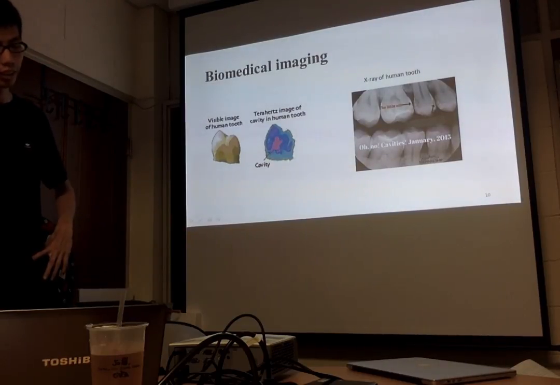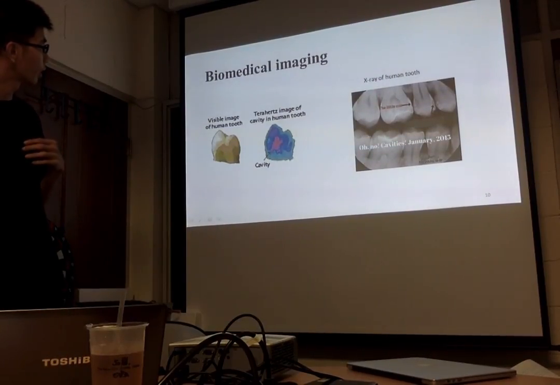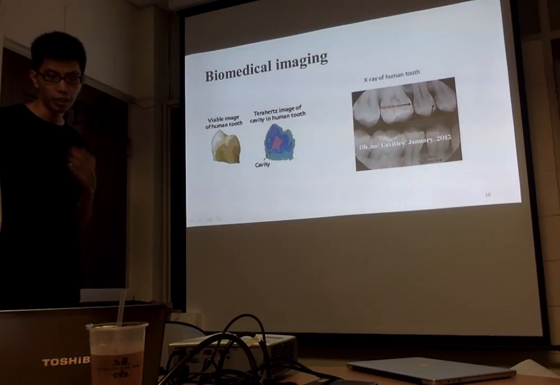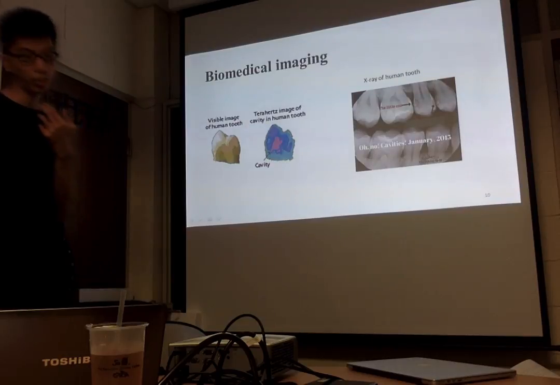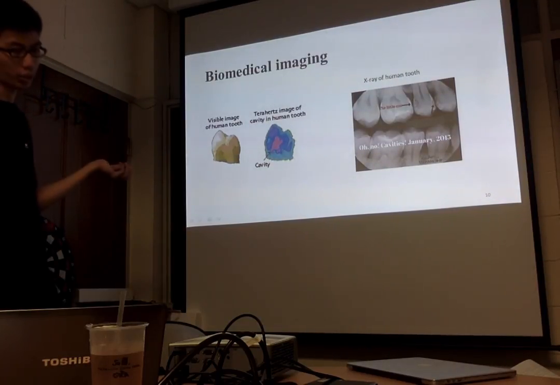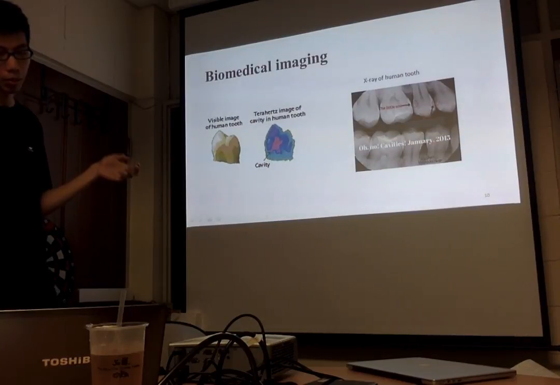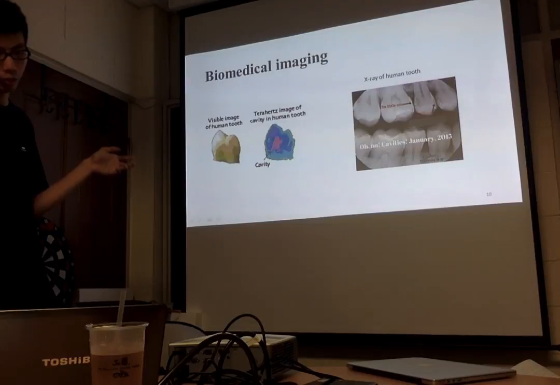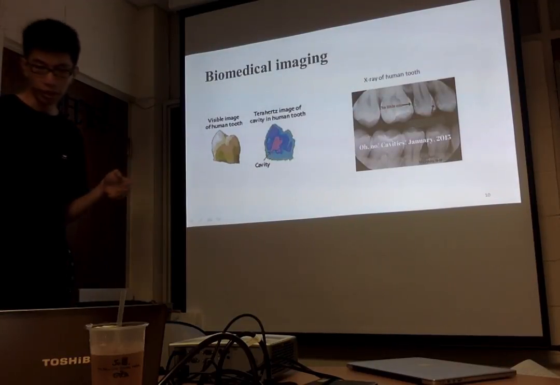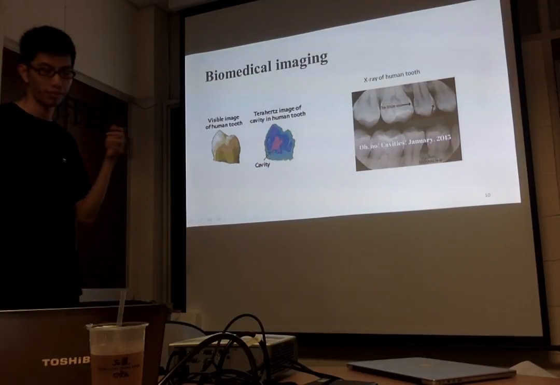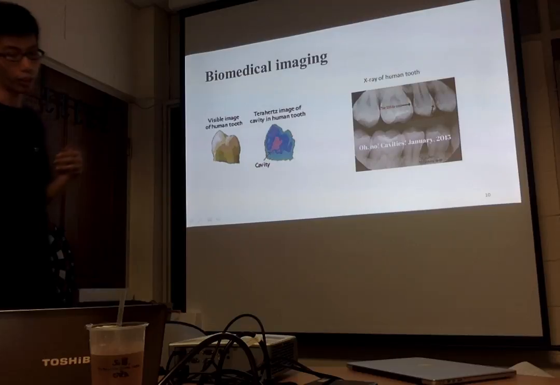It can detect cavities in their early stage and monitor early erosion of the enamel at the surface of the tooth.